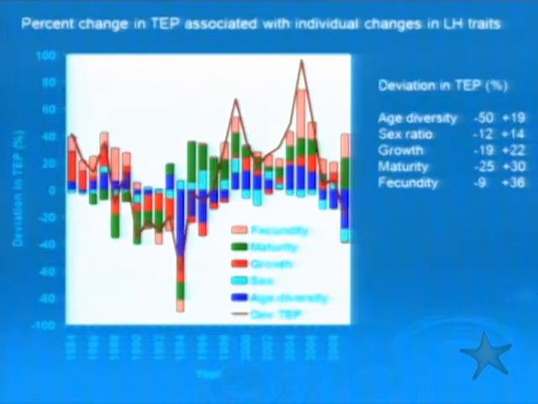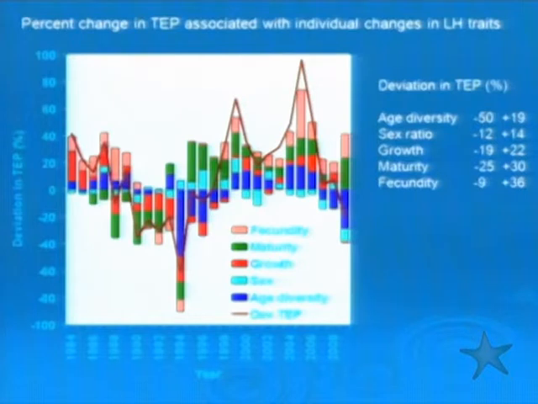What is important to notice is that the importance of each of those life history parameters is not the same over the years. So their relative importance is not the same.